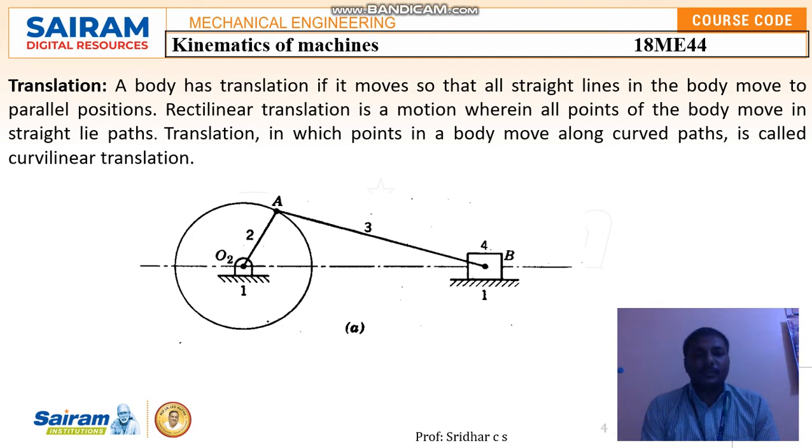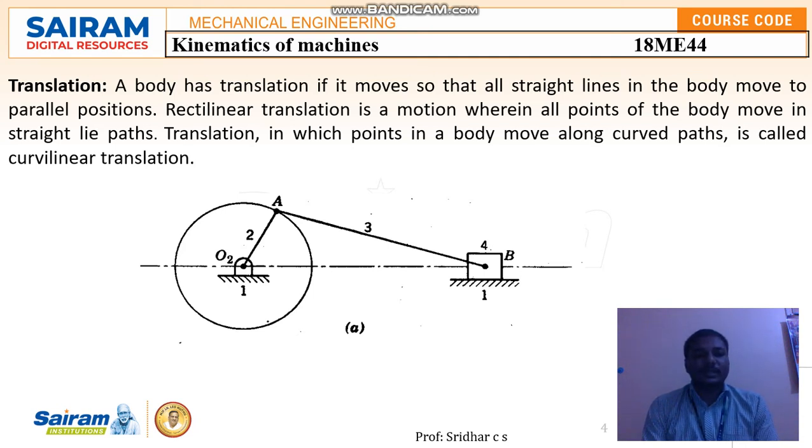Rectilinear translation is the motion where all the points of the body move in straight line paths. The difference between general translation and rectilinear translation is that in general translation, all the straight lines in the body move to parallel positions, while in rectilinear translation all the points of the body move in straight line paths.